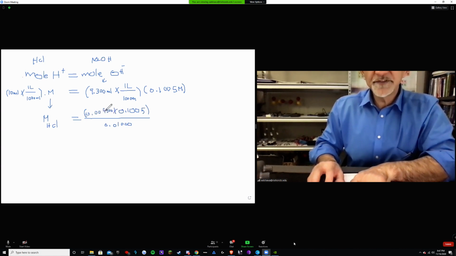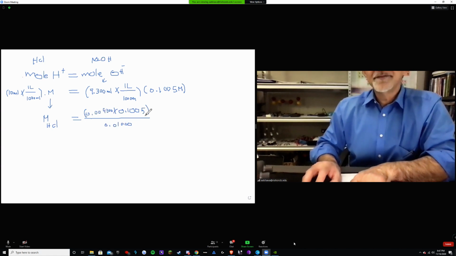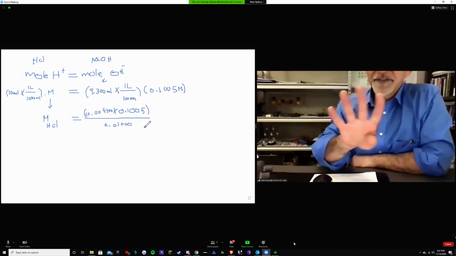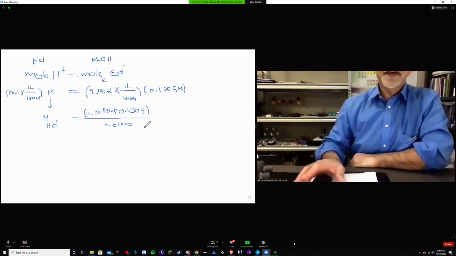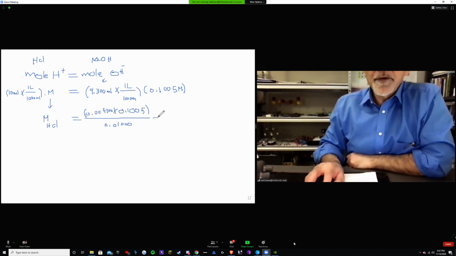So 0.009300 and 0.1005 and then 0.01000. Well, what's the precision so far? 4 sigfig in that multiplication division. Okay, so multiply, divide, let me know what's that number.